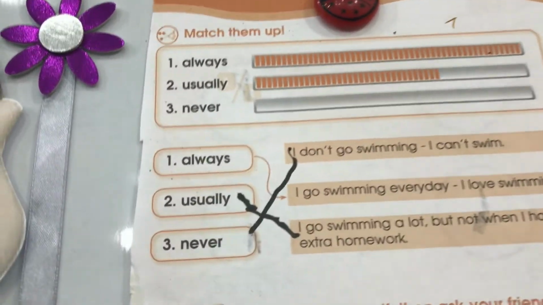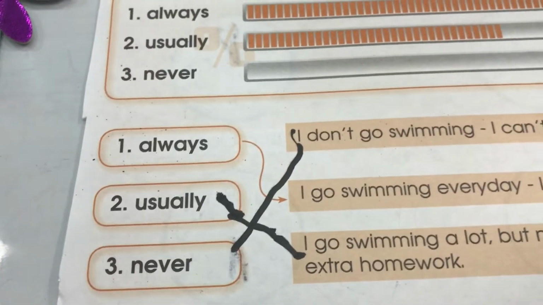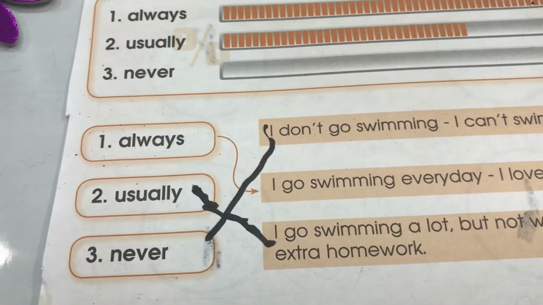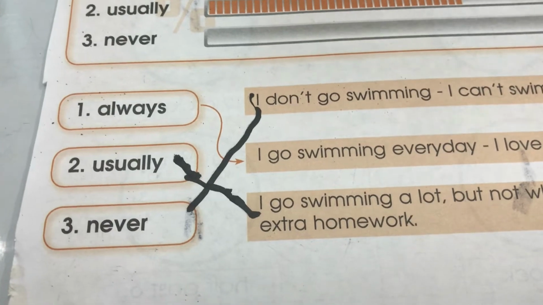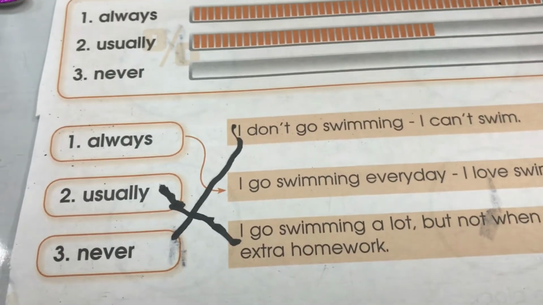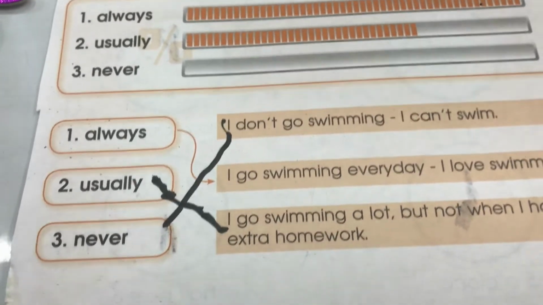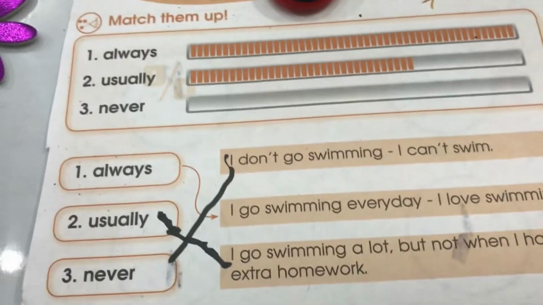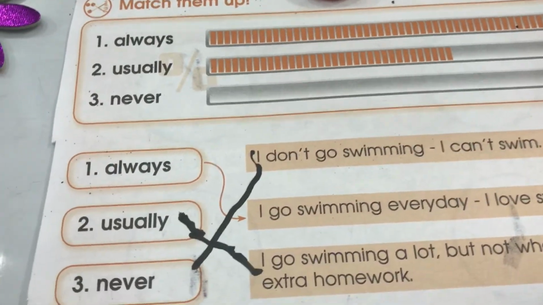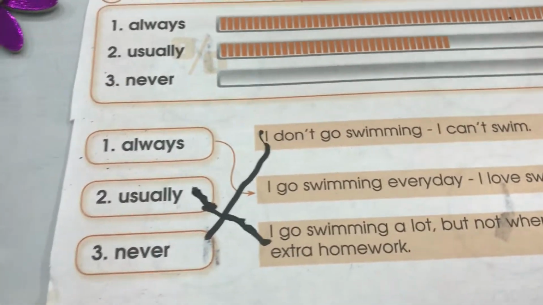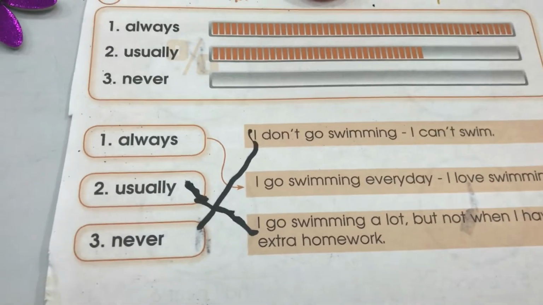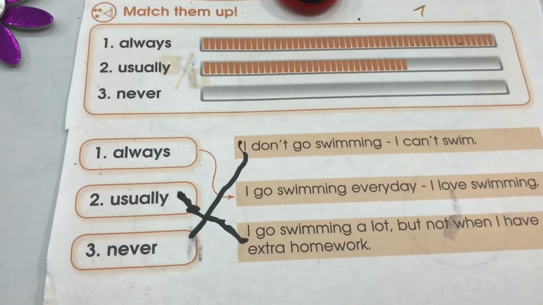But number 3, never means you don't do anything. You can't do anything. You don't like doing anything. This is the difference between always, usually, and never. Please don't forget this difference.